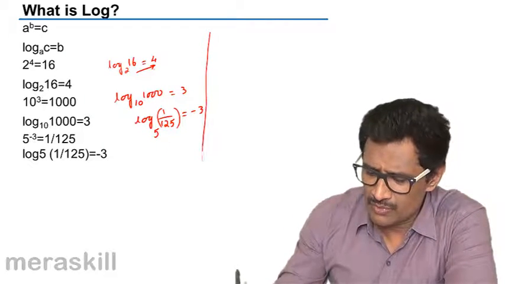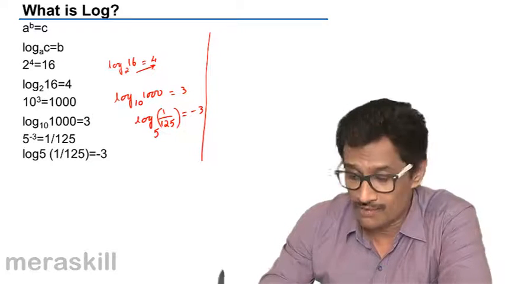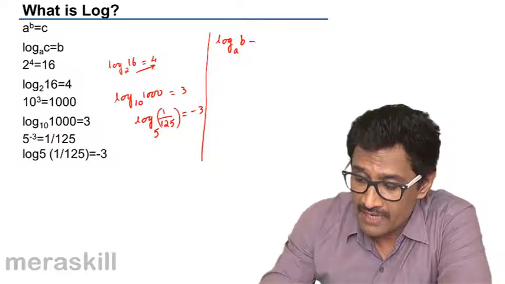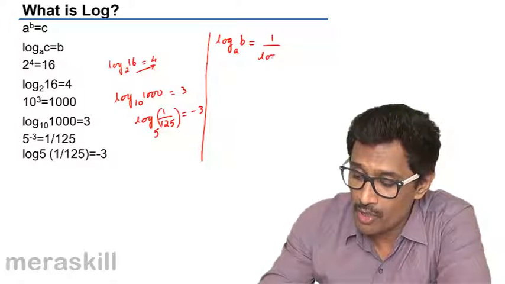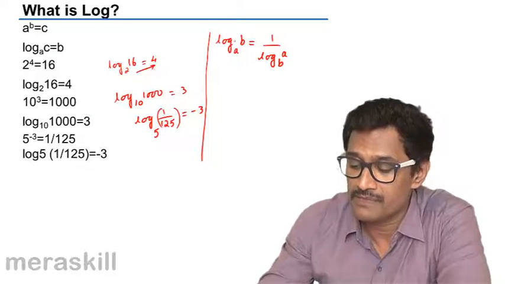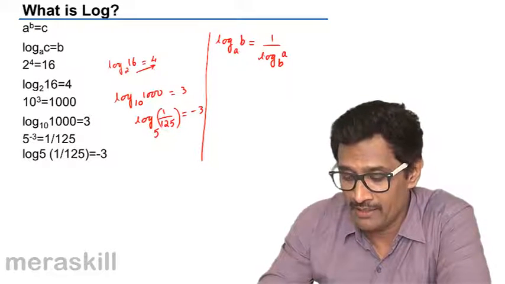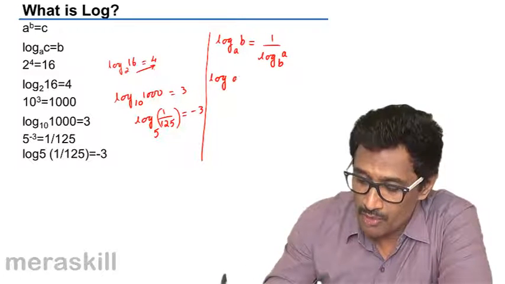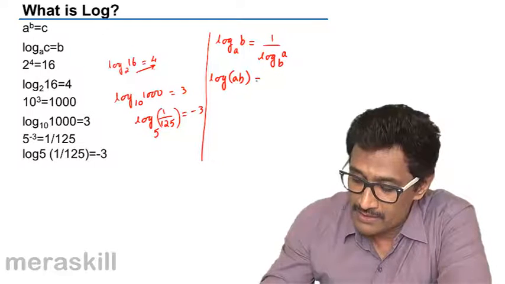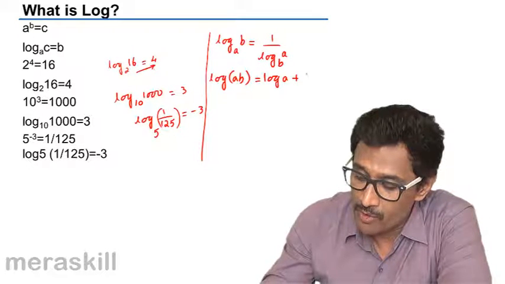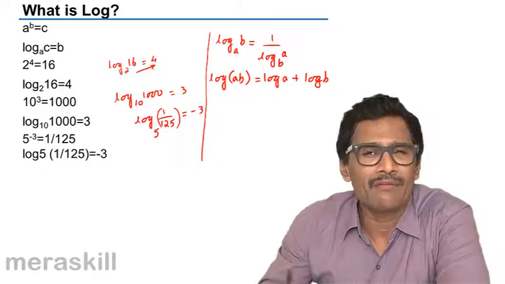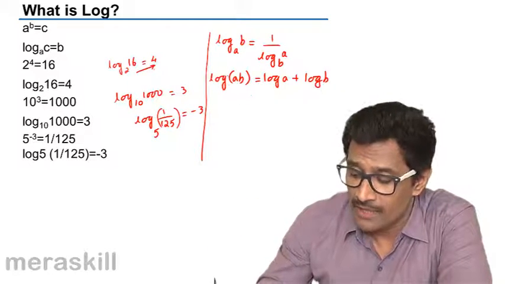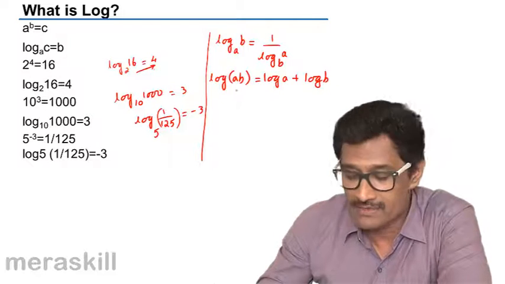Now there are certain rules which we need to realize here. Log of b to the base a is the same as 1 upon log a to the base b. That means when you interchange the log and the base, they are reciprocals of each other. Then of course we know this particular rule, log ab is nothing but log a plus log b. We also have the common logarithm wherein the base is 10, where you use a log table. And you have the natural logarithm, which is to the base e.